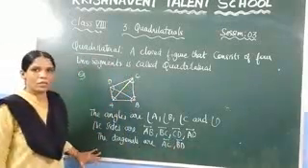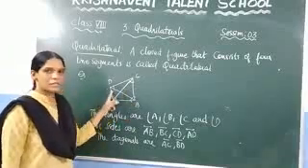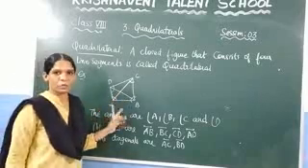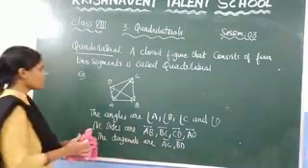And after that, write the sum of the angles of the quadrilateral. We have discussed that the sum of the angles of the quadrilateral is 360 degrees. We have done a proof of that also in the previous session. So just make a note of that.